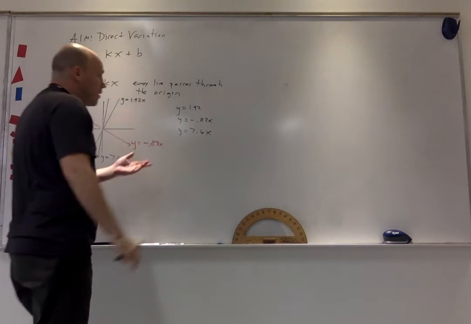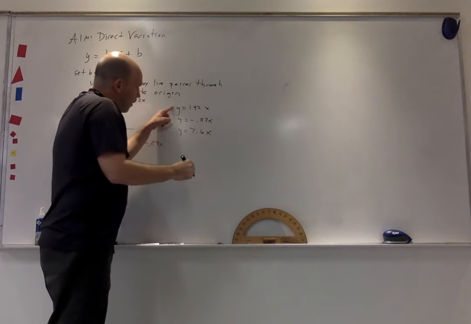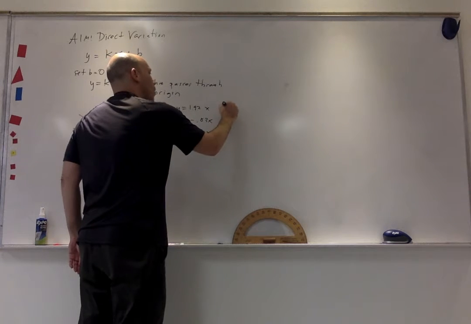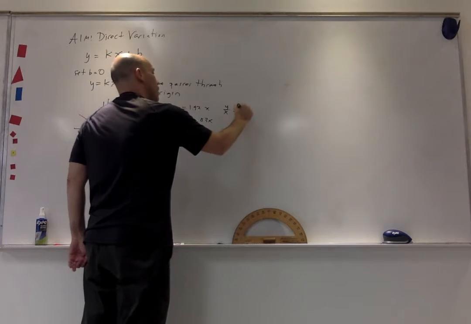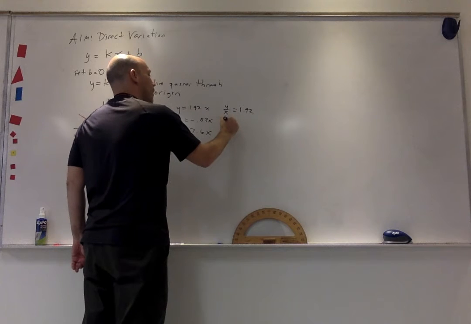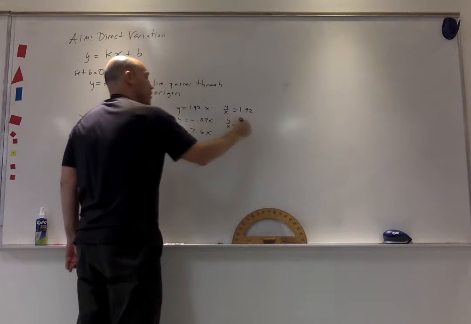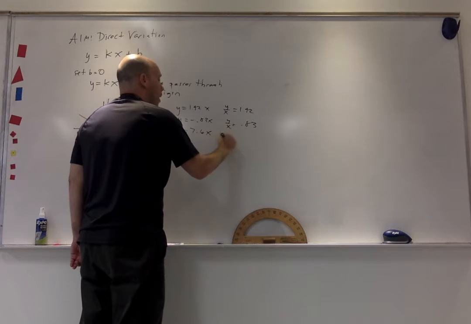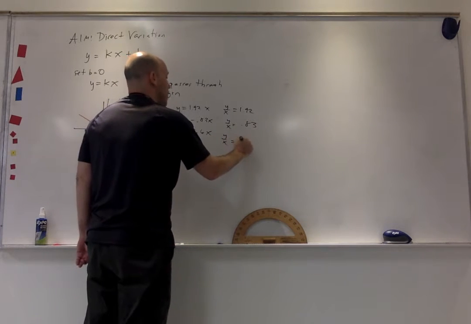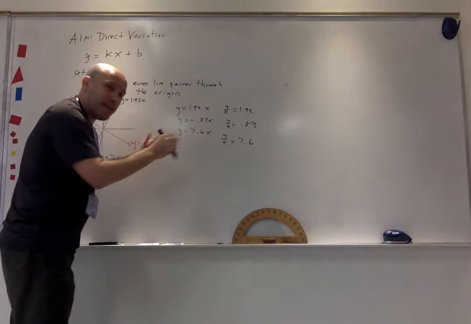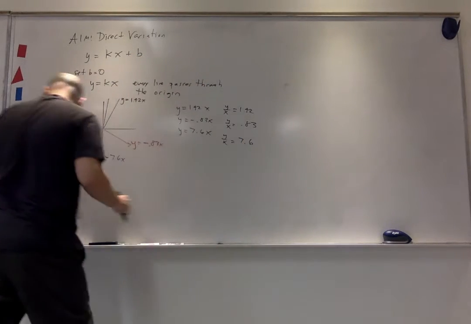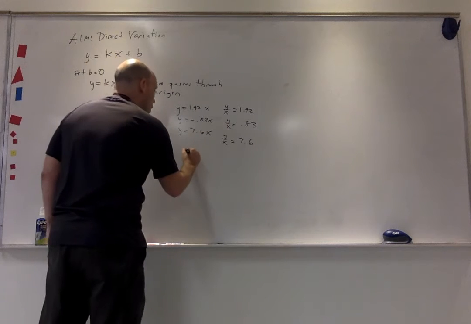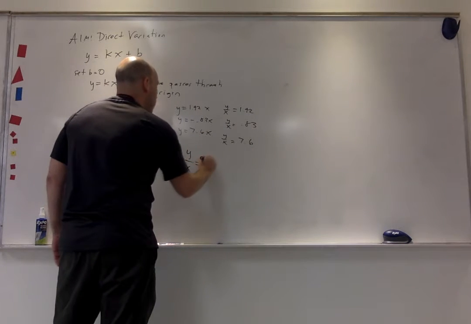In all these cases, if I divide everything by x, I get y over x equals 1.2 in the first, y over x equals negative 0.83 in the second, and y over x equals 7.6 in the third. In all three cases, the ratio of y to x equals k.